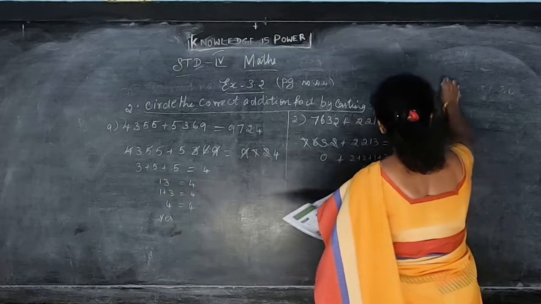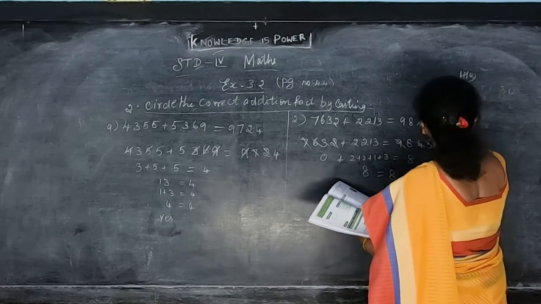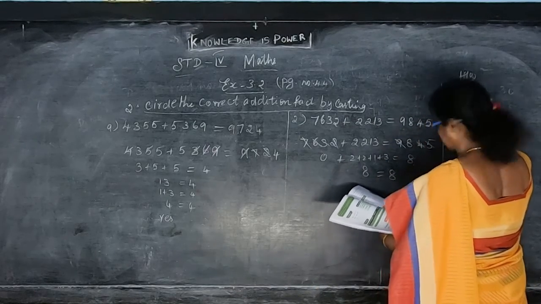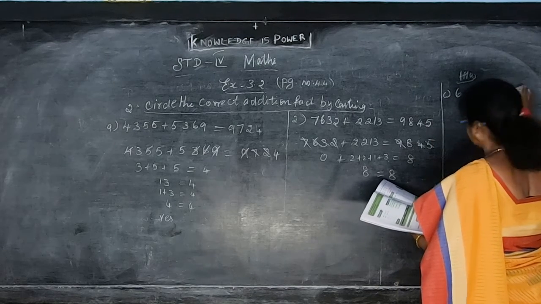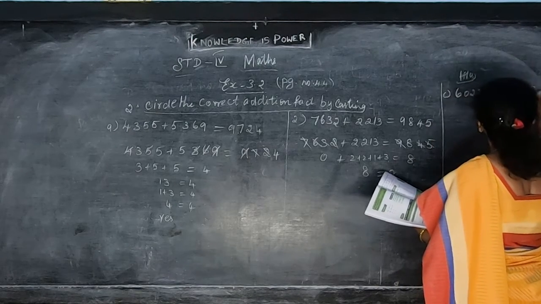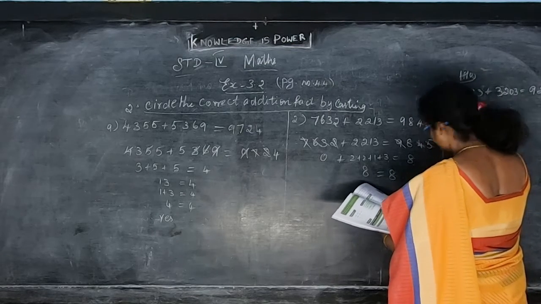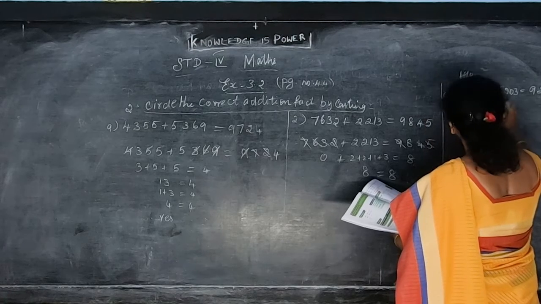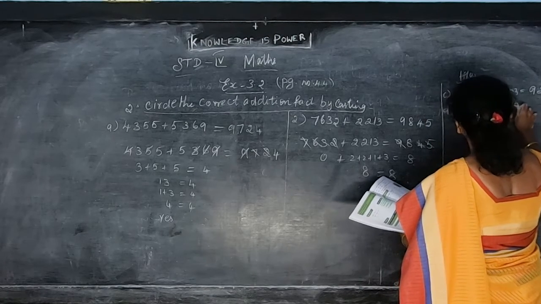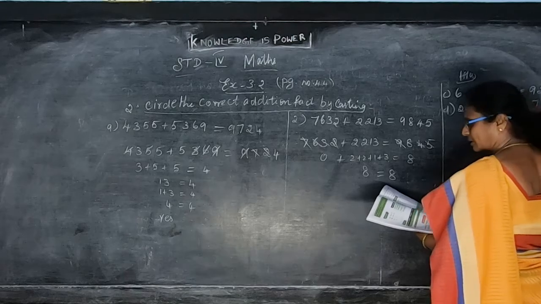So I'll give it as homework. So try the sums: 6023 plus 3203 is equal to 9220. Then this one, 2436 plus 5315 is equal to 71.